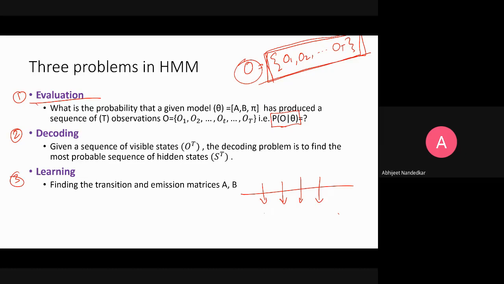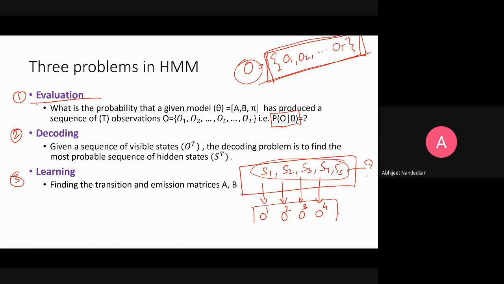Say I have observed this sequence of events from outside the system. I don't know what is going on inside. Suppose there are 4 states or 5 states. Which state is the machine in? This is not known to me, but I can observe the symbols from outside.